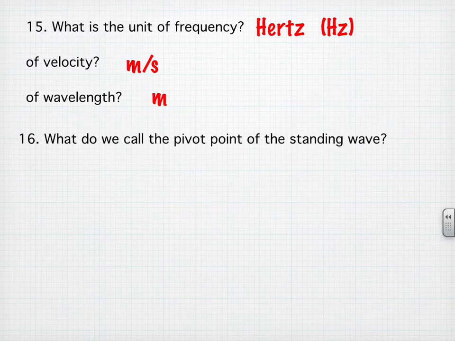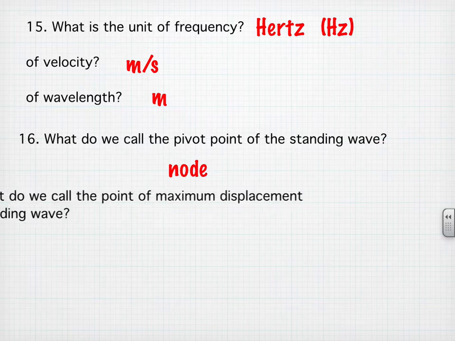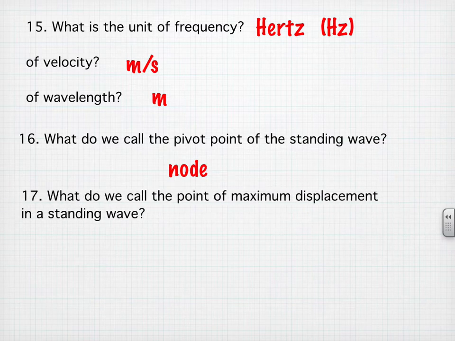What do we call the pivot point of a standing wave? The node. Those were nodes. And what kind of interference was it with nodes? Destructive, because they didn't move, because something was trying to pull up while something was trying to pull down. What do we call the point of maximum displacement?